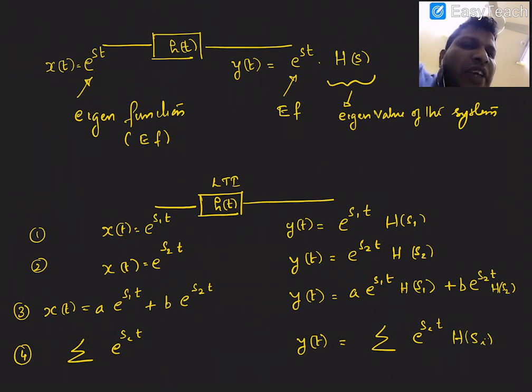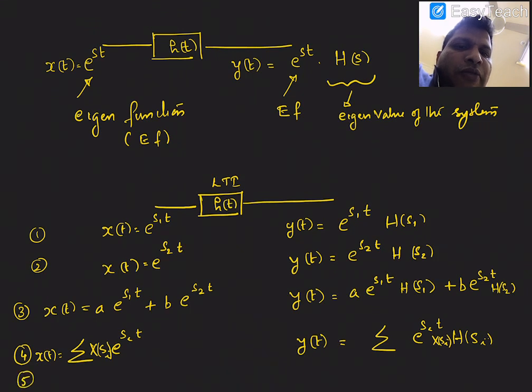Now suppose I am scaling with some factor x of si, then the same thing will be reflected in the output also, because this is the scaling factor. It is the same as the third case.